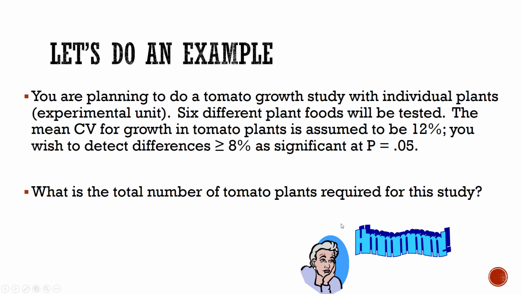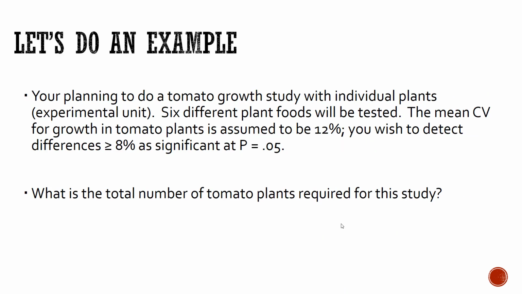And so the question that we need to solve for is, what is the total number of tomato plants required for this study? All right, so again, we've got the question at the top, so let's work through what this looks like. So we know that our equation is going to be that equation that was highlighted 2 slides ago, where in this case, n is equal to 8 times 12% squared divided by 8% squared.